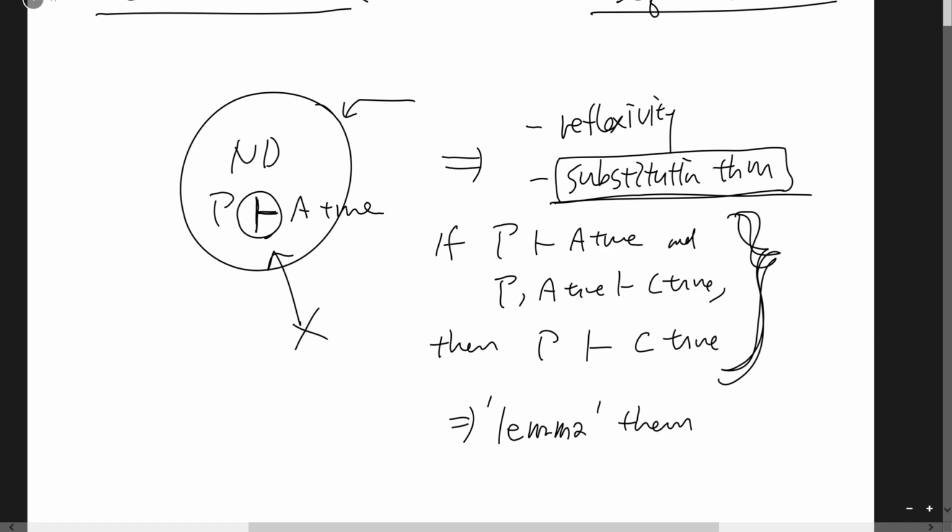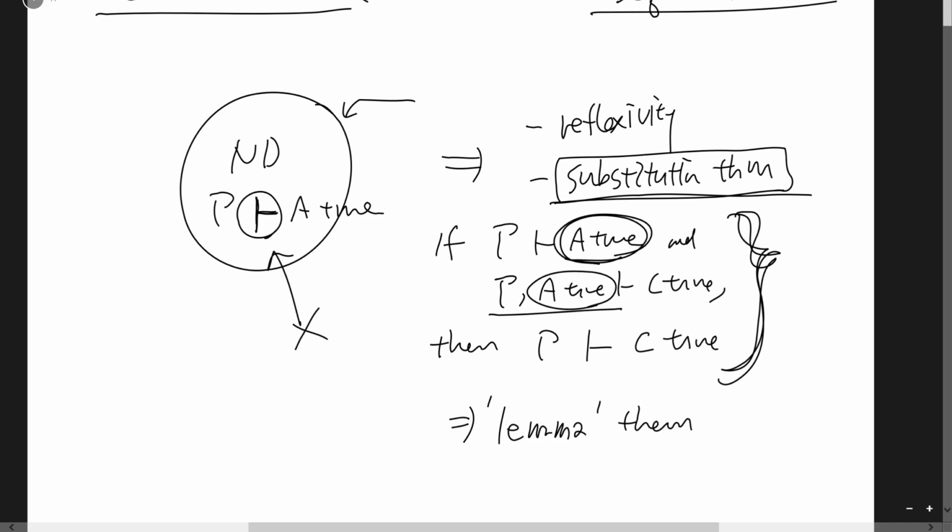In the course of reasoning, we first prove A true, and afterwards we use this A true as if it was a part of the original assumption.